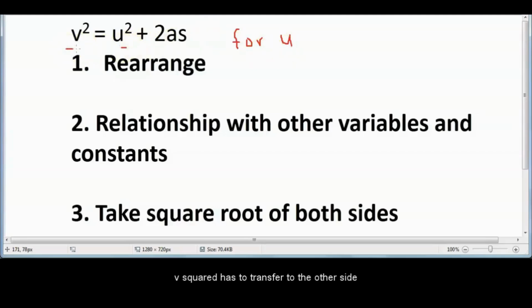V square has to transfer to the other side. So this will end up like this: minus u square is equals to 2as minus v square.